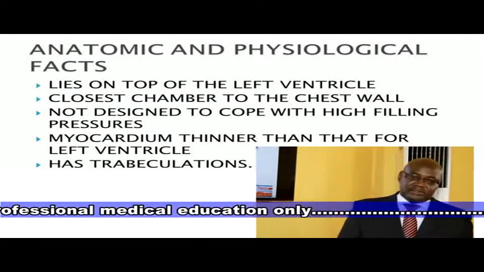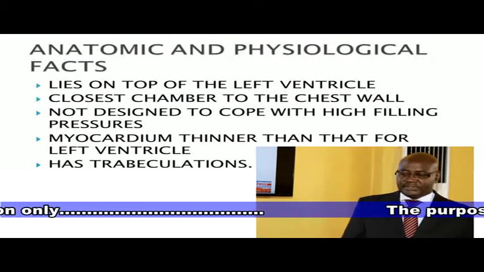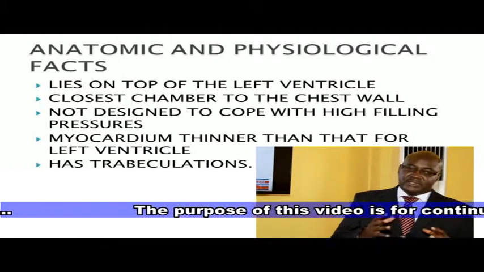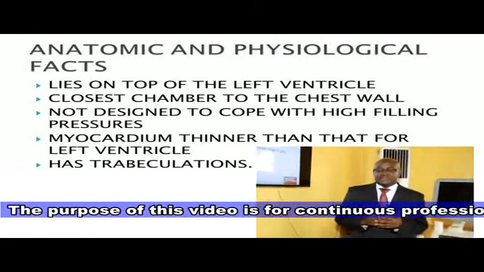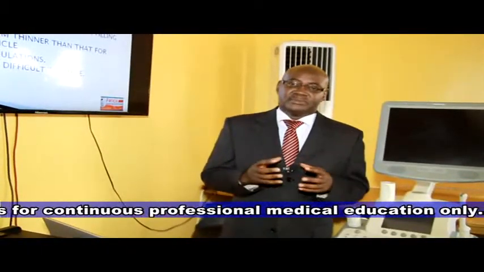As I said earlier, it has trabeculations. Those are structures found in the right ventricular chamber, which is difficult to image. But usually when there's dysfunction and enlargement of the right side of the heart, this chamber becomes easier to measure because it dilates in size.